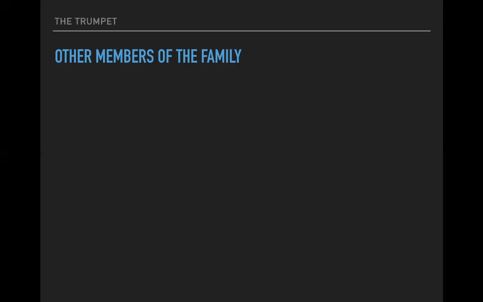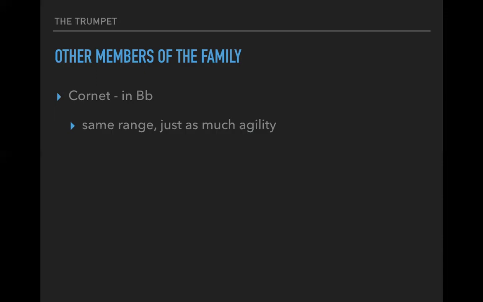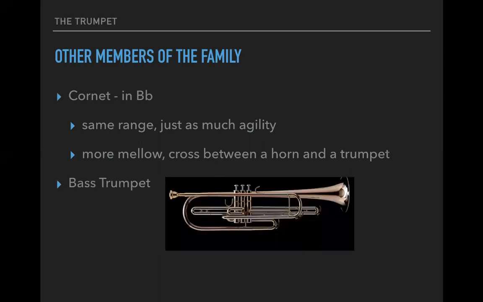Just in case you haven't heard some examples of related instruments, here you have the cornet in B flat, of course, a warmer, larger instrument. It's also more conical. Same range, just as much agility. More mellow, a cross between a horn and a trumpet.